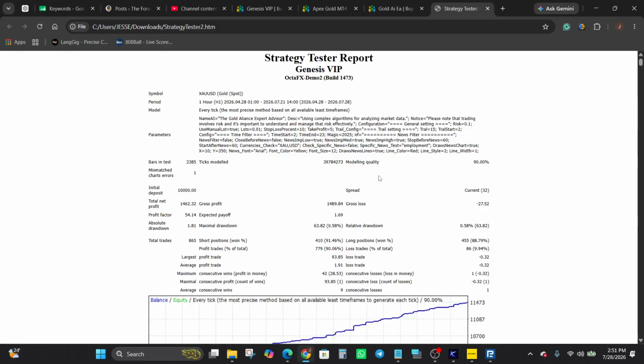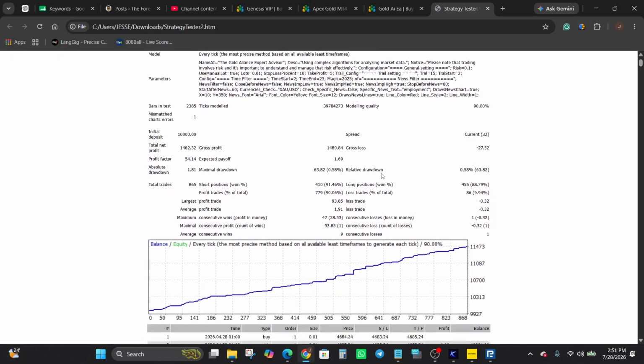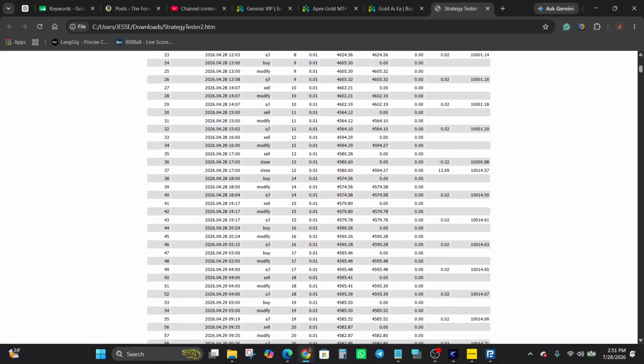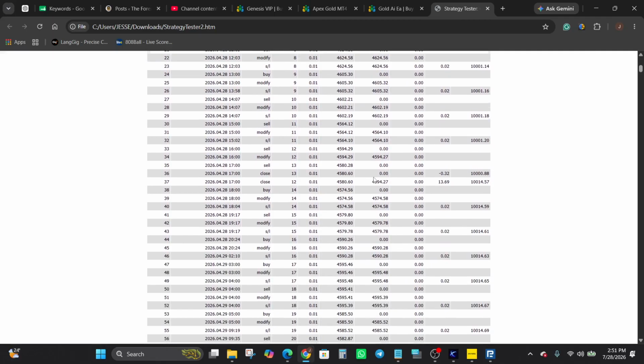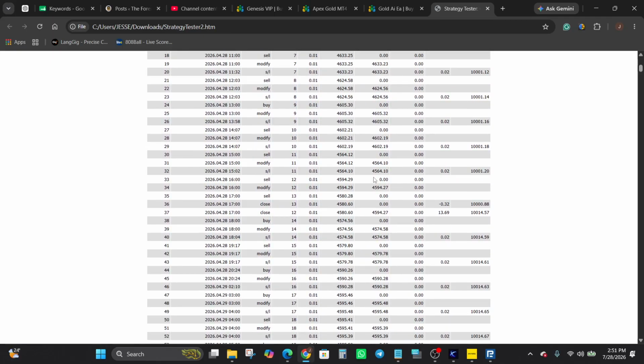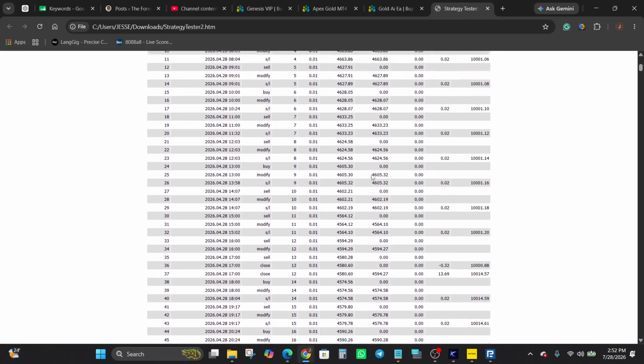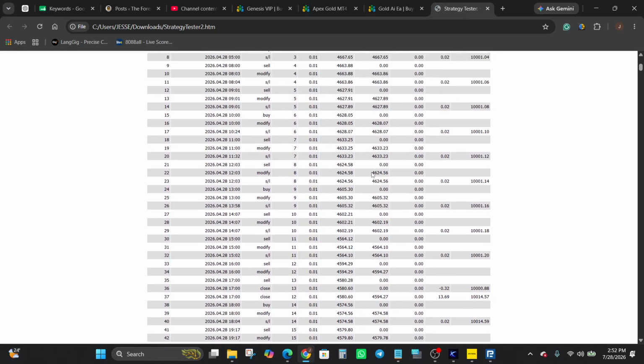Observing the chart and the trade history from this backtest, we can see how the EA handles market structure.